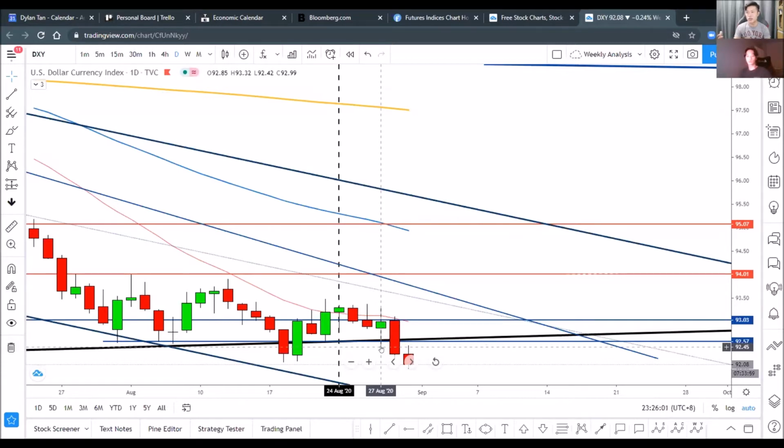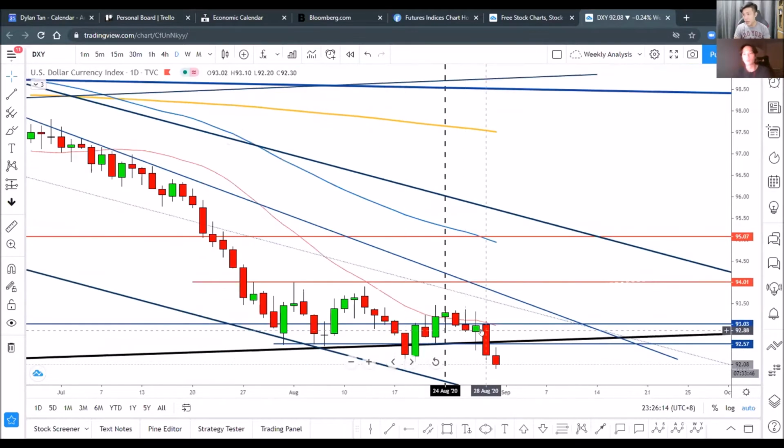You know, things like keep on printing money, support the economy with more money supply and stuff like that. Most importantly, keeping interest rates low for a good 1 or 2 years. And finally, on Friday, it continued to fall after the pullback.